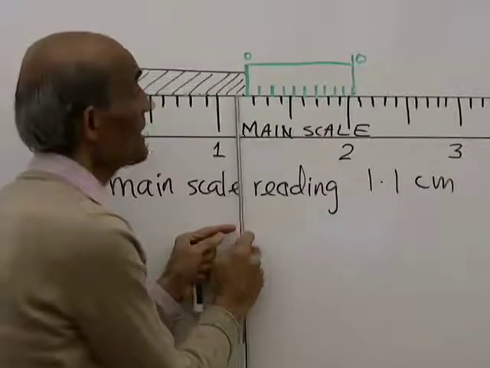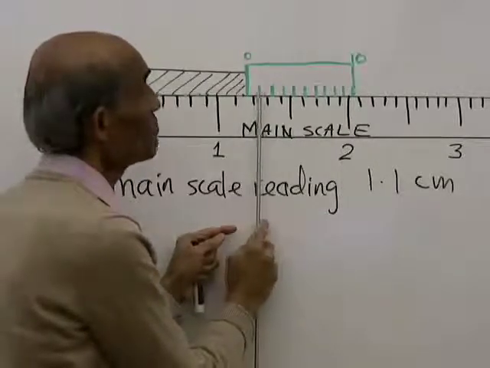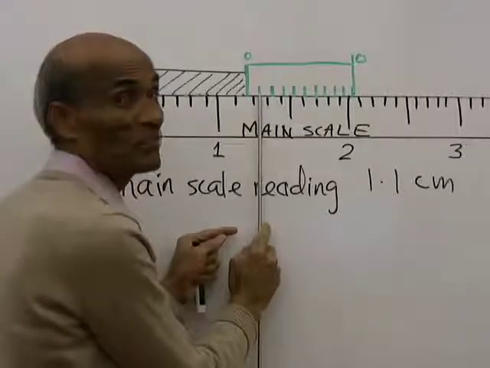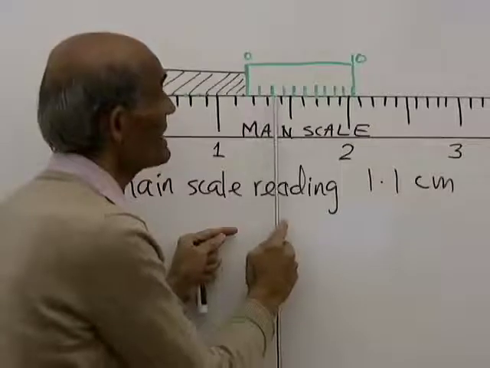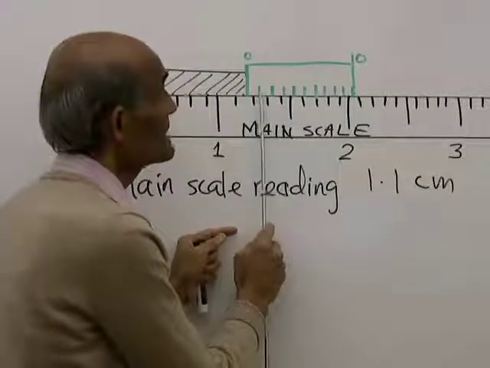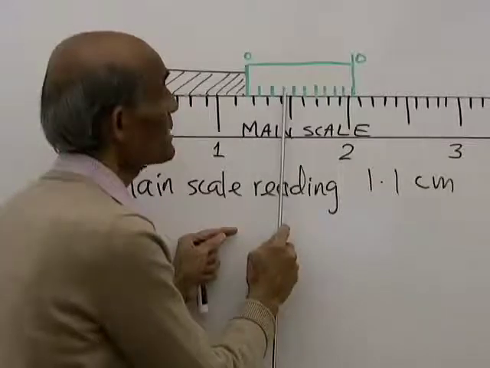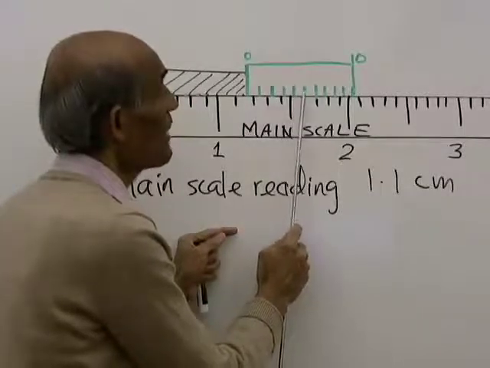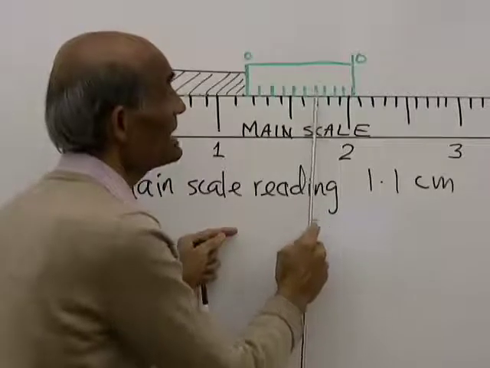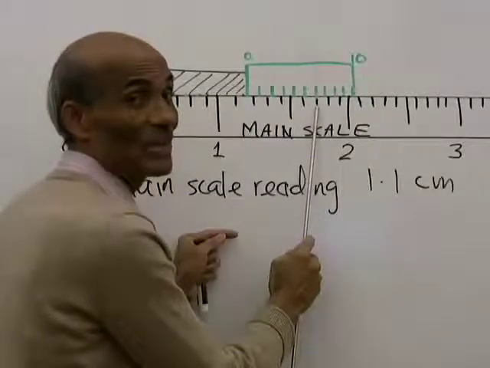In order to answer that, I look at each vernier division and see which is exactly in line with a main scale division. Number 1 is not, 2 is not, 3 is not, 4, 5, look at 6. Number 6 is exactly in line with a main scale division.